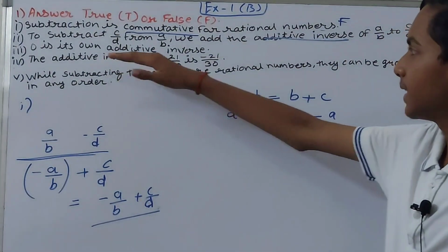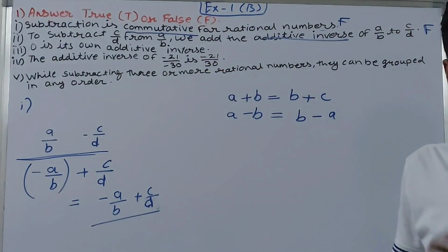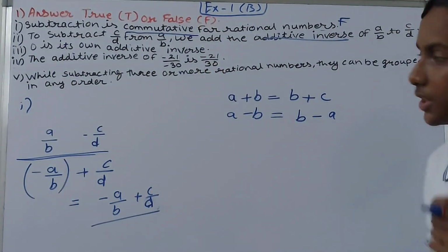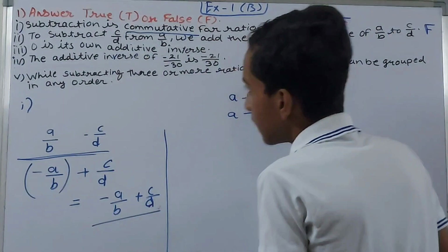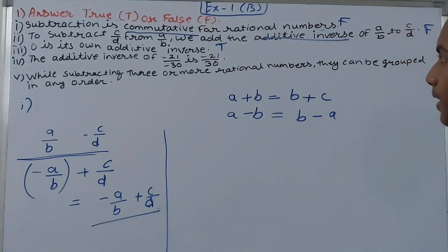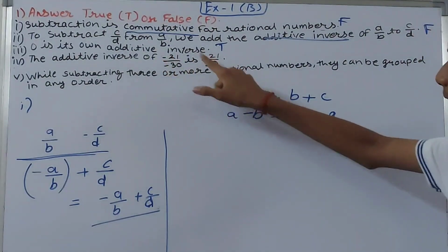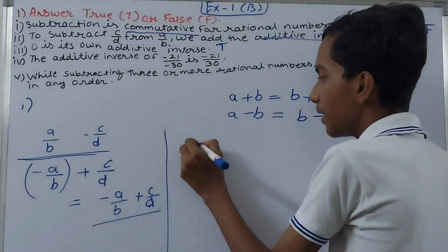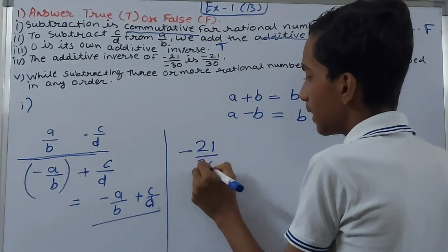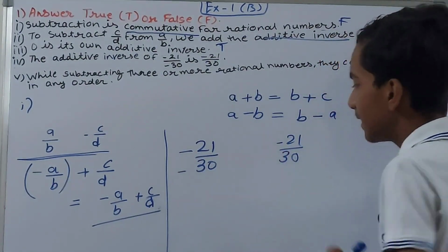Then, 0 is its own additive inverse. Yes, it is its own additive inverse, so this is true. And then the additive inverse of minus 21 by 30 is 21 by 30, in the form minus 21 upon minus 30. You can see the sign has changed.